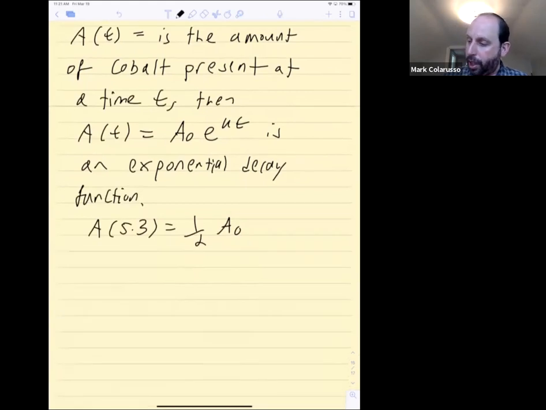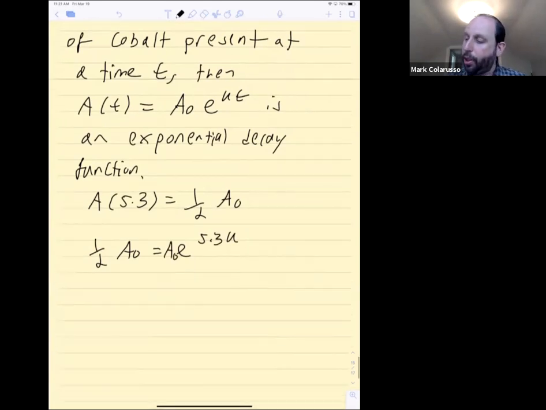So we can use this to set up an equation: half A0 equals A0 e to the 5.3K.